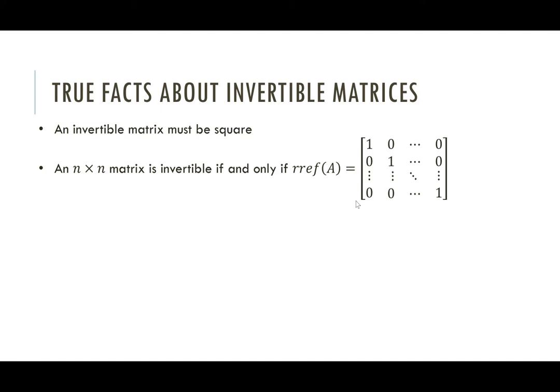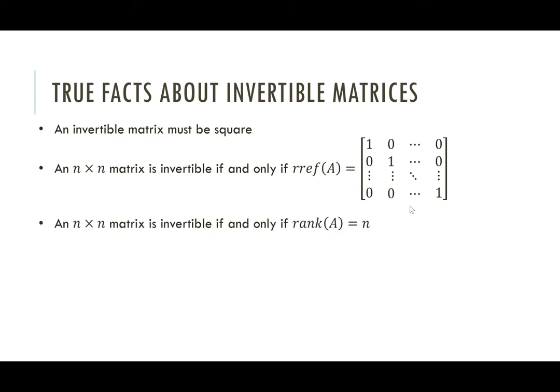And so this maybe can convince you that an invertible matrix must be square, because if you're thinking about having exactly one input for every output, what does the reduced row echelon form have to look like? If it doesn't look like this, then you have either no solutions or infinitely many, in which case you wouldn't have an inverse.